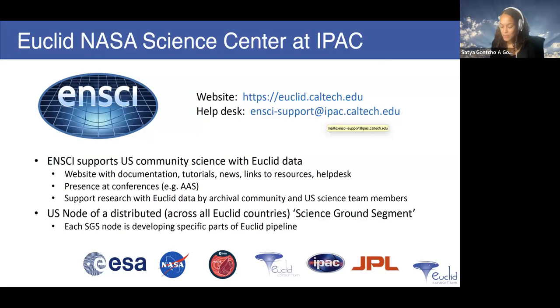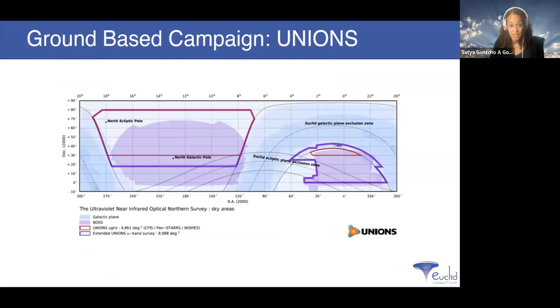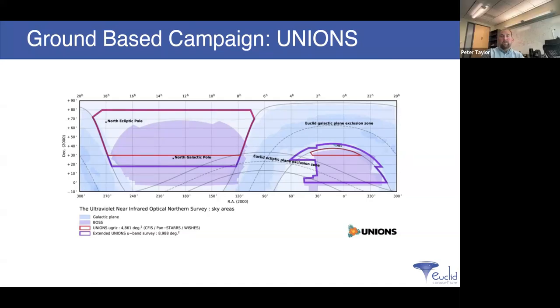You mentioned the ground-based follow-up. So about the UNIONS survey, it went a little fast. Could you go back to what are the advantages and particularities specifically of that survey, and what is it expected to be public? What does it bring compared to other surveys of the same areas? I don't know about the publication date.